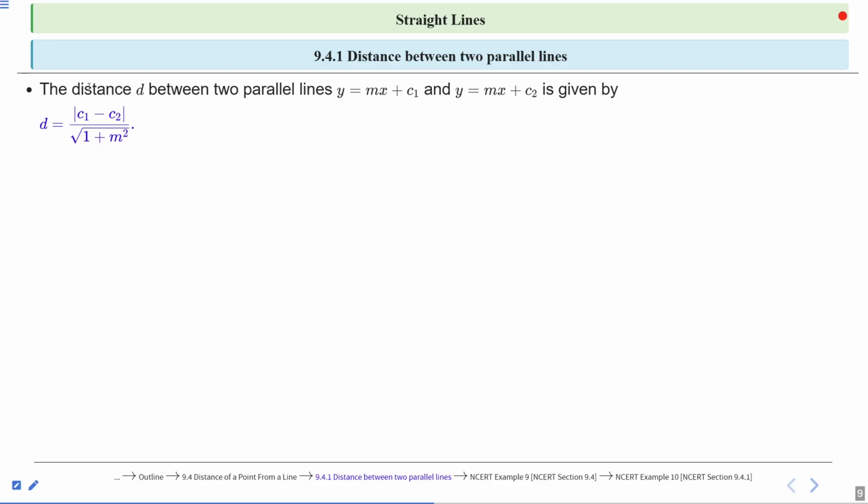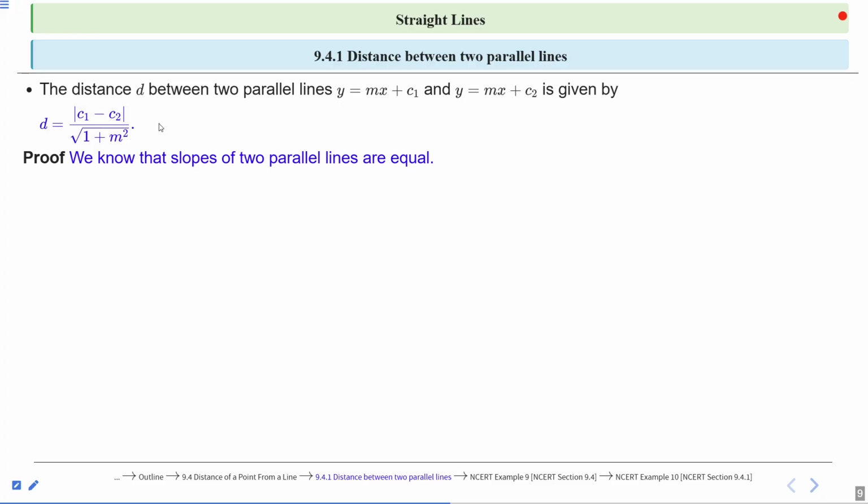So the distance d between two parallel lines y equal to mx plus c1 and y equal to mx plus c2 is given by d equal to modulus value of c1 minus c2 divided over square root of 1 plus m square. Simple. So we basically take the modulus of the difference of the constant terms and then divide by square root of 1 plus m square. So this is the distance between two parallel lines.